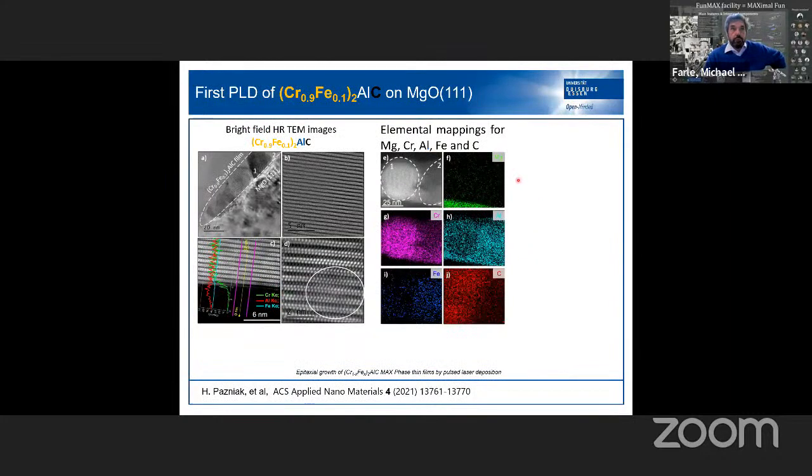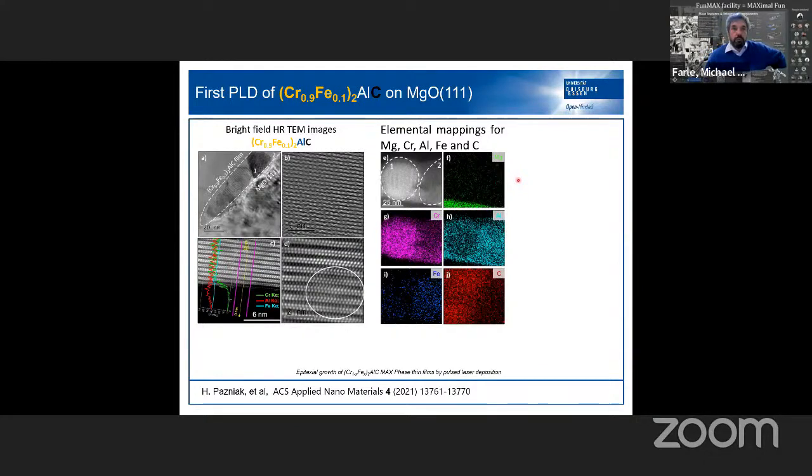Now, just to convince you what is the option to go to a higher magnetic moment. So we leave the rare earth now and go back to the 3D element as M element, the aluminum as group 4 element, and carbon.